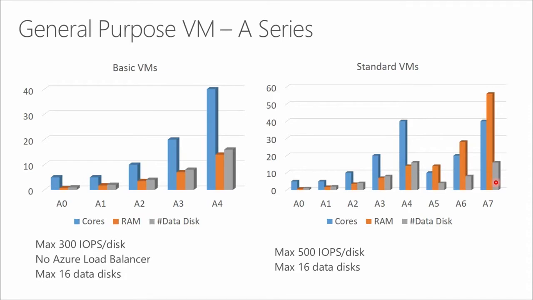The number of data disks is a maximum of 16, and that is for the A4 VM and the A7 VM. That's where you get the maximum number of data disks. As you can see, the amount of RAM for the A7 VM is 56 gigabytes, which is pretty good.